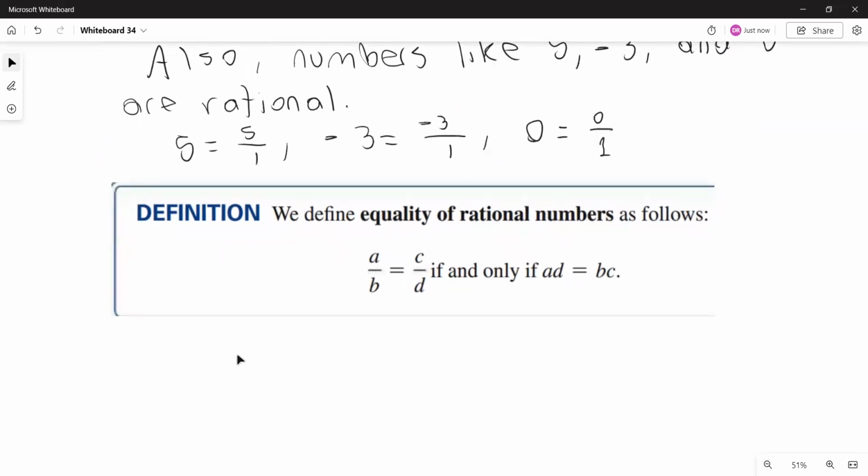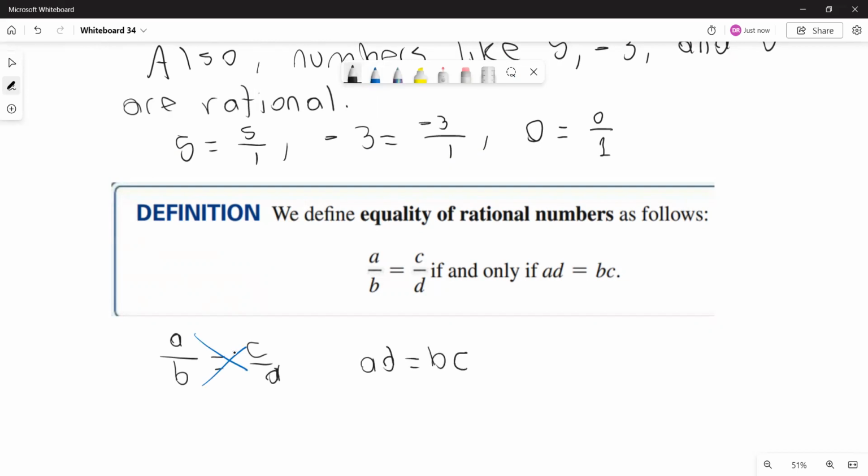We define equality of rational numbers as follows: A over B equals C over D if and only if A times D equals B times C. So what we do is just cross multiply, and AD equals BC.